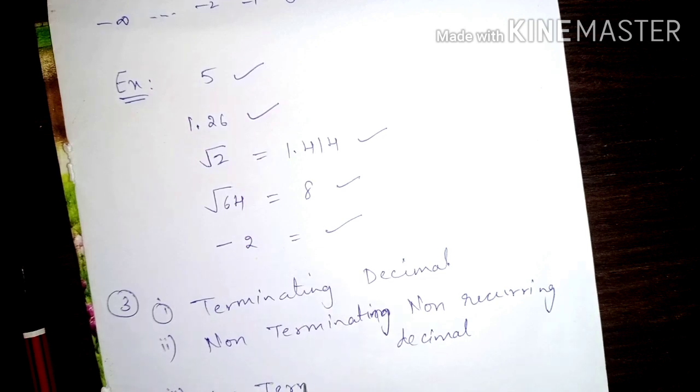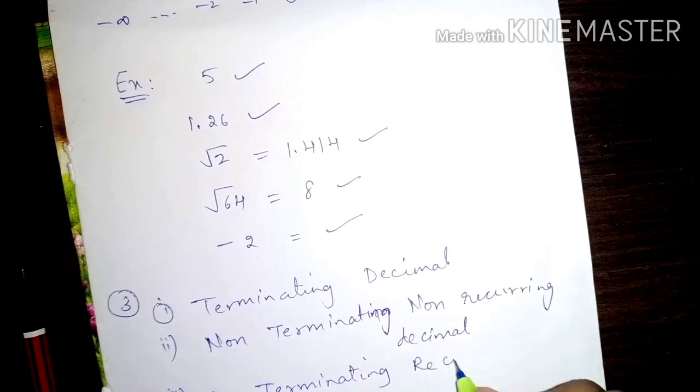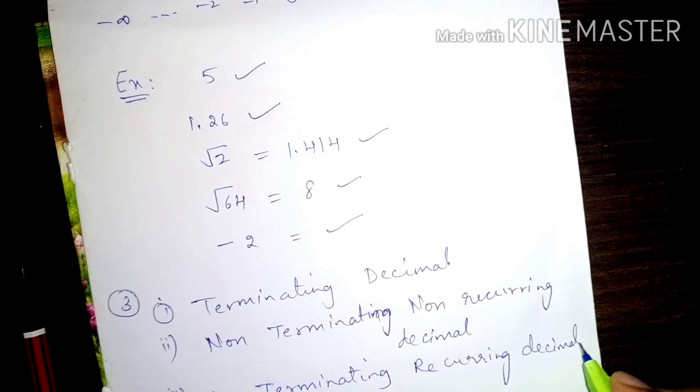The third is non-terminating recurring decimals. So these are 3 types of decimal numbers. We'll learn about each of them briefly.